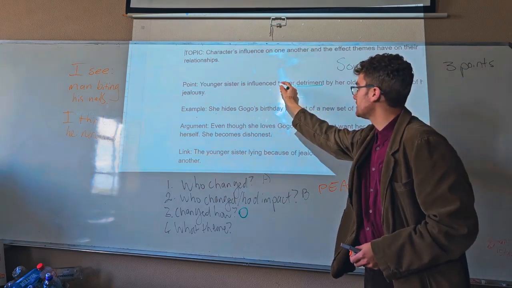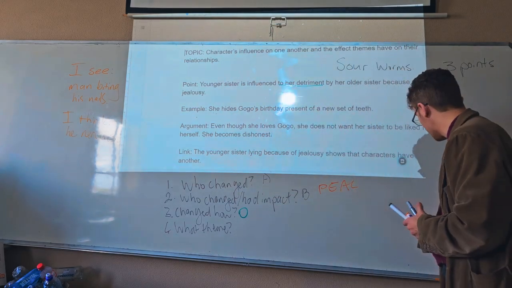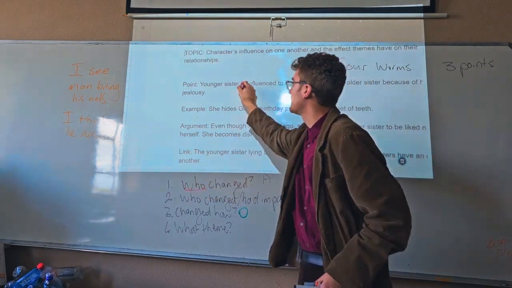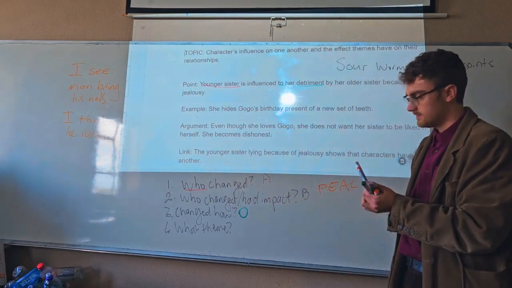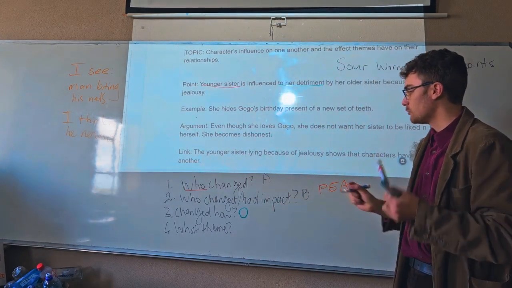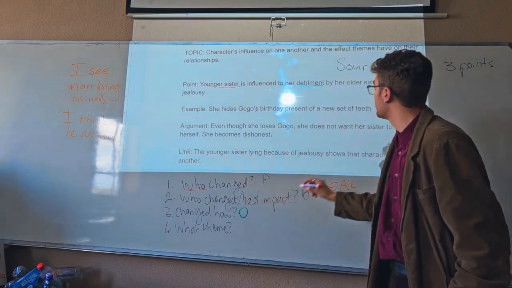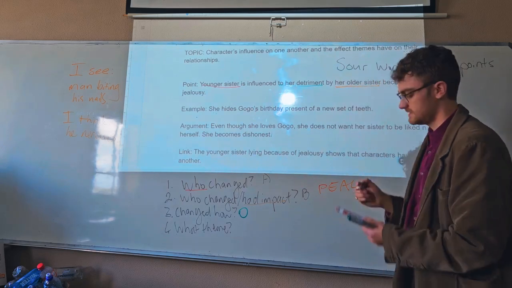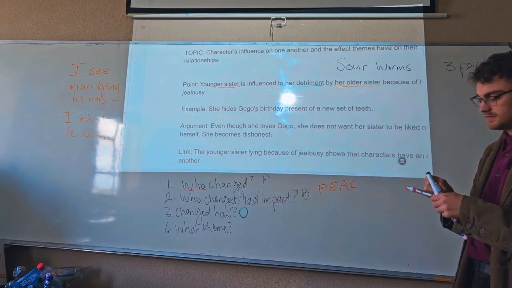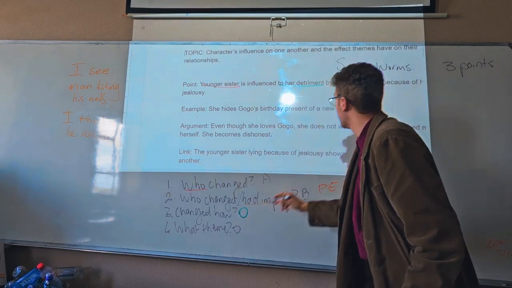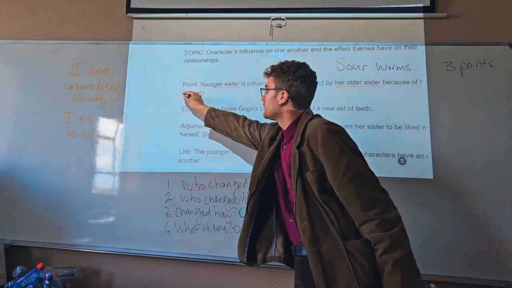So that is showing us how she was changed, and then who was changed? Younger sister, and then who made the change? Who was influencing her? And that would be her older sister. And then we need to think, but what theme does this relate to? And that would be because of jealousy.